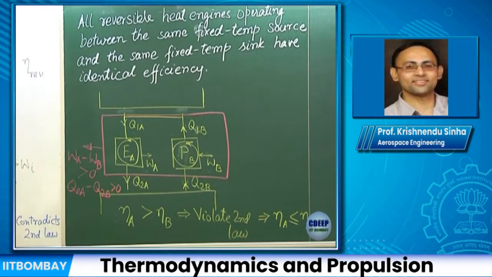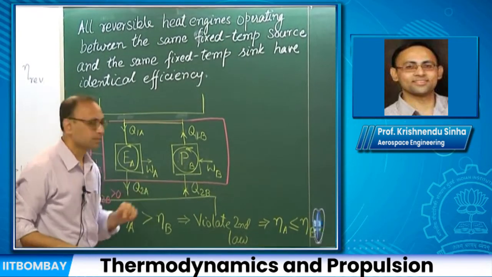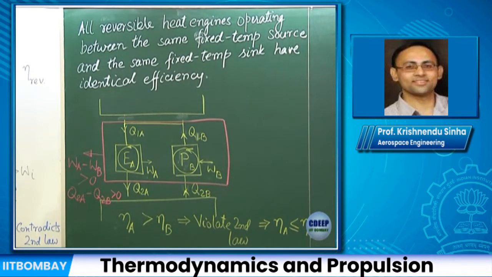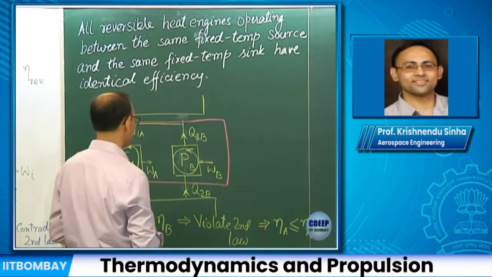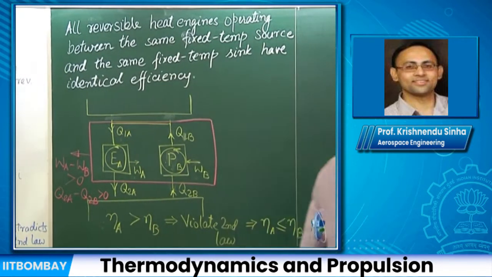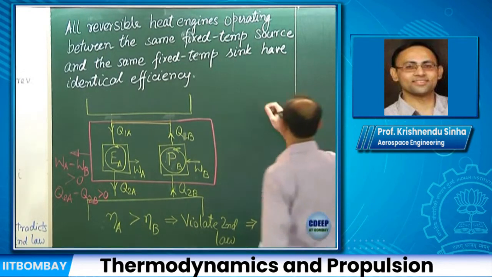Exactly the same arguments, but all I'm saying is that I invert this engine B and get that, and now I'm going to apply the same procedure by inverting A and keeping engine B the same. Let me do it quickly again and see if it makes sense. Let me draw the diagram here.